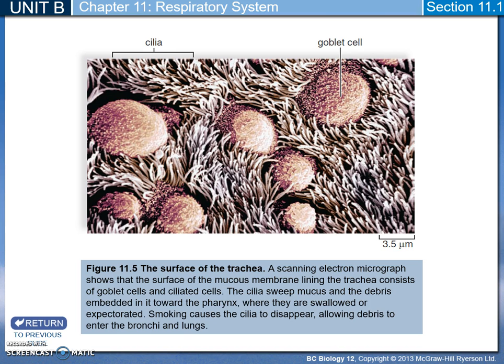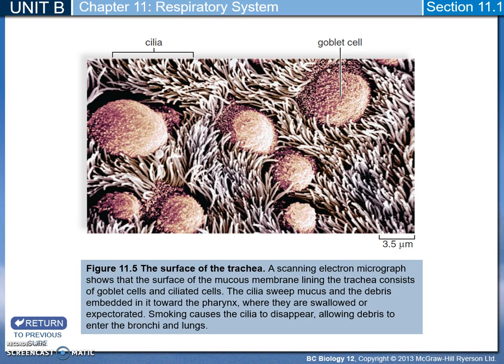Here you can see a scanning electron micrograph, and it shows the surface of the mucous membrane that lines the trachea. So it consists of the goblet cells, which you can see labeled, and the ciliated cells. So the cilia sweep mucus and the debris embedded in it toward the pharynx, where they're then swallowed or expectorated. In other words, just spit out.